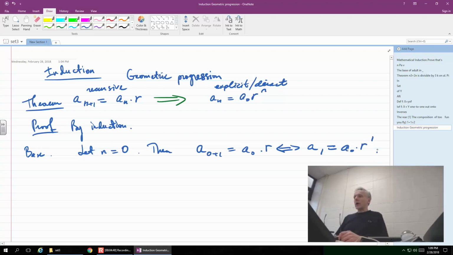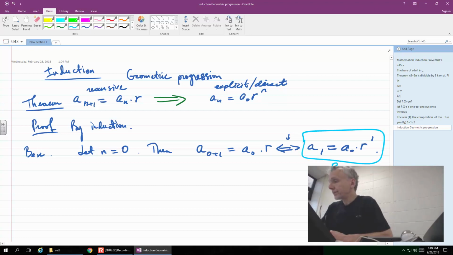So that's the base of induction. I took the assumption on the left, plugged in n equal to 0, so that's how I got the equation, and then I just rewrote it slightly. So A1 is equal to A naught times R in the first power, which is P1.